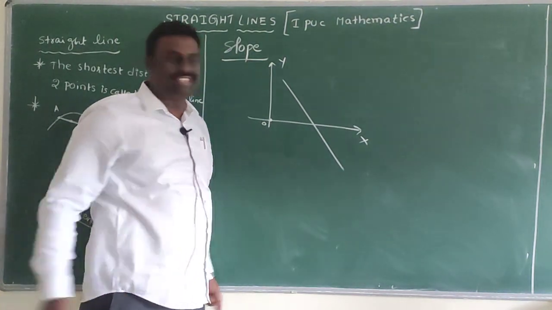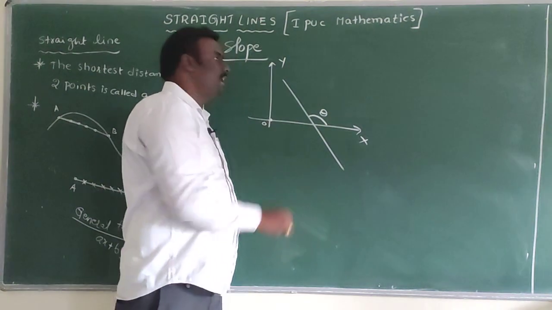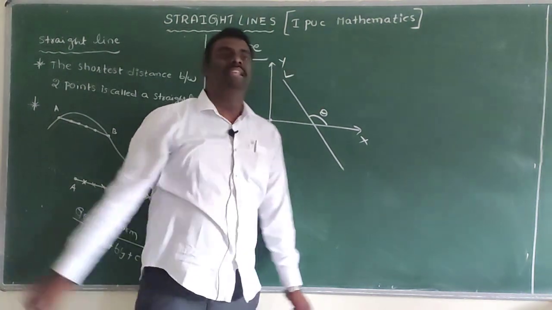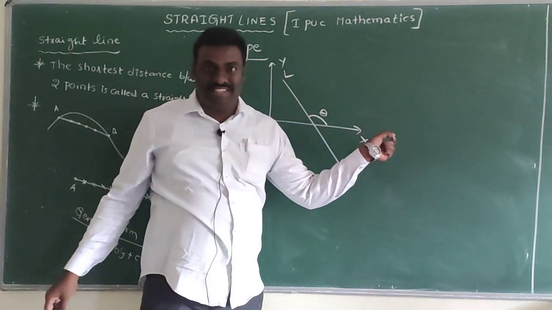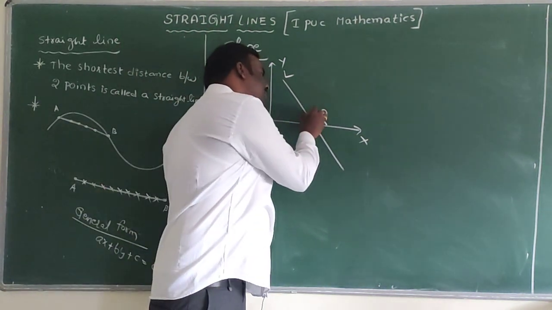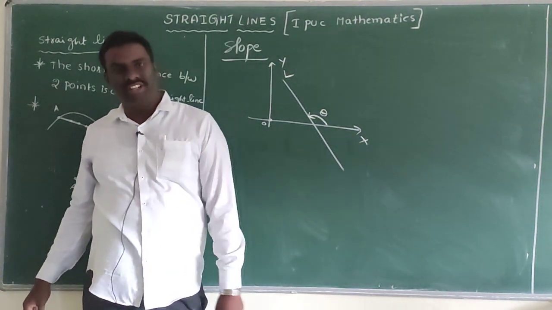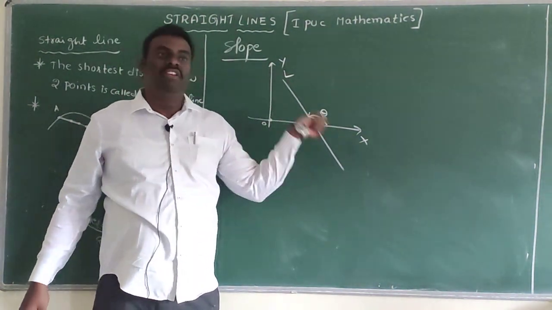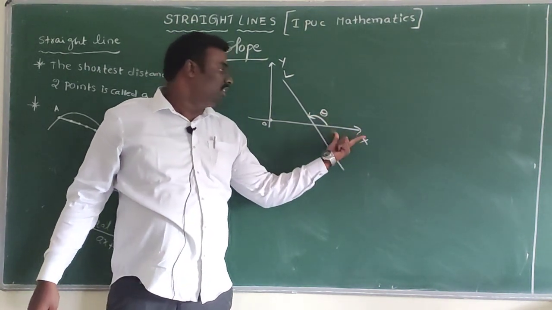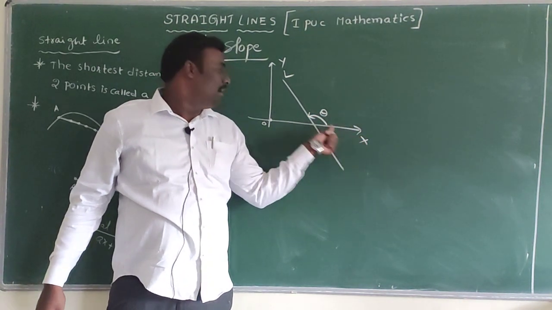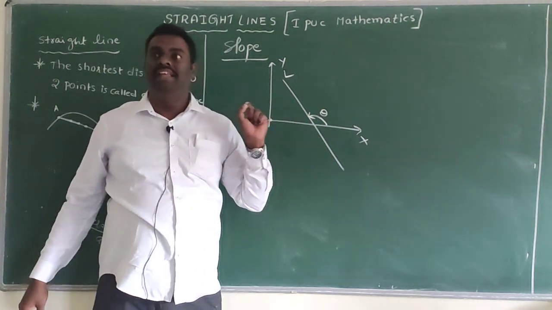This line L makes an angle theta with the positive x axis, measured in which direction? Anti-clockwise direction. A straight line makes an angle theta with the positive x axis measured in anti-clockwise direction.